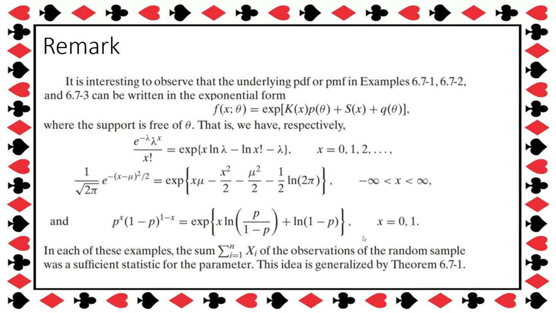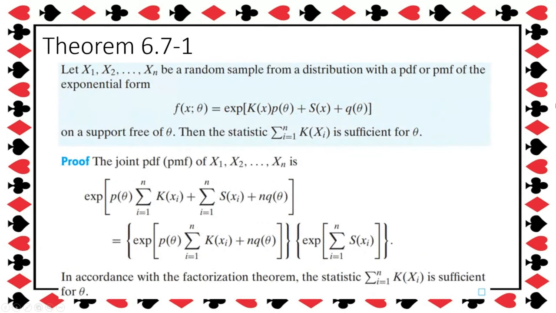For all 3 of these examples, the summation of xi is a sufficient statistic. Okay, so we generalize, and then we have a result saying this. As long as your individual density function, we don't even have to look at the joint density function anymore, you just look at the individual density function.